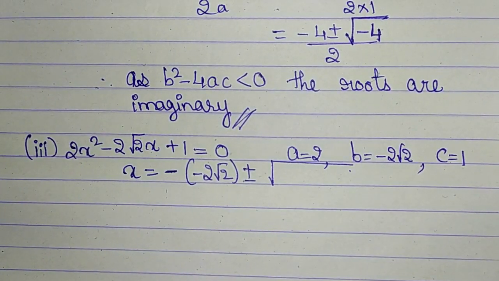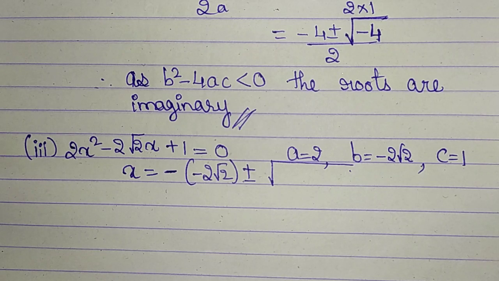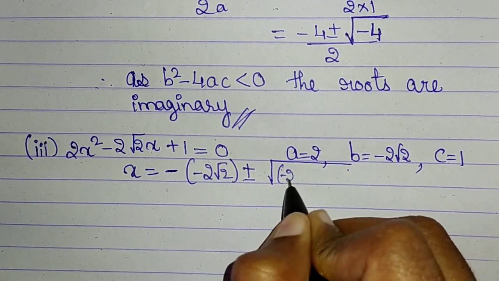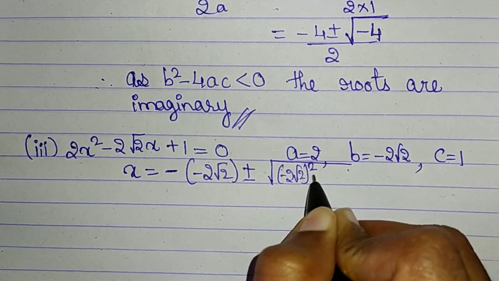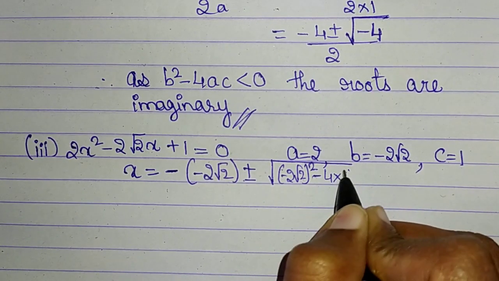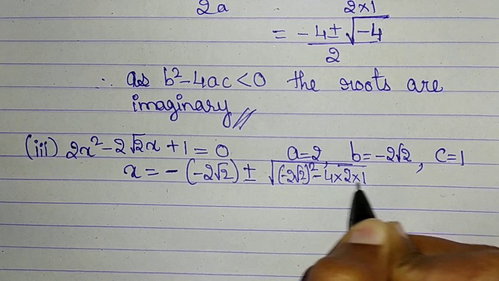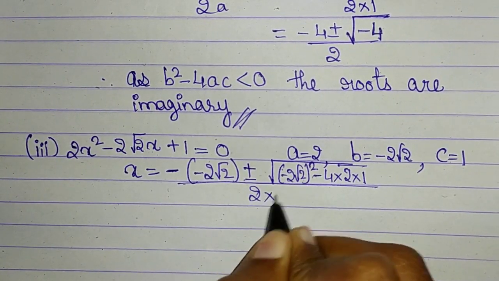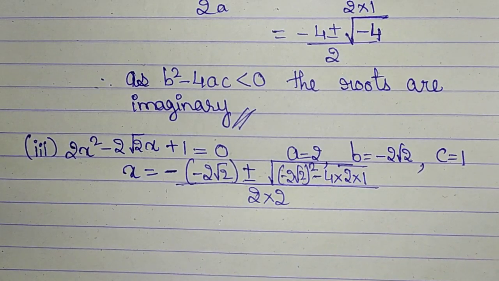Remember children, I am skipping the process of writing the formula, but it is necessary that you write the formula each and every time. So plus or minus b square, that is minus 2 root 2 whole square minus 4 into 2 into 1, 4ac, whole divided by 2 into 2, because a is 2, 2a.